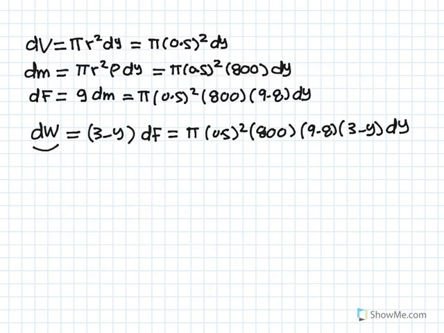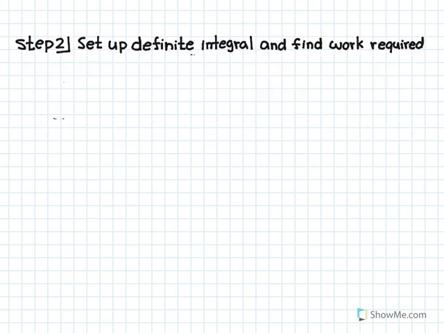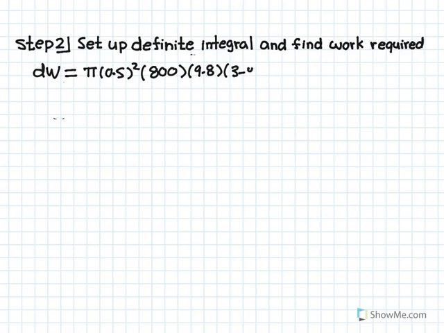All right, so let's look at step 2. Step 2 is to set up a definite integral and find the work required to pump all the oil out of the tank. So dW, the change in work, is pi times radius squared, 0.5 squared, times density, which is 800, density of oil, times gravity, 9.8 meters per second squared, times the distance that every slice has to travel, 3 minus y, times dy.